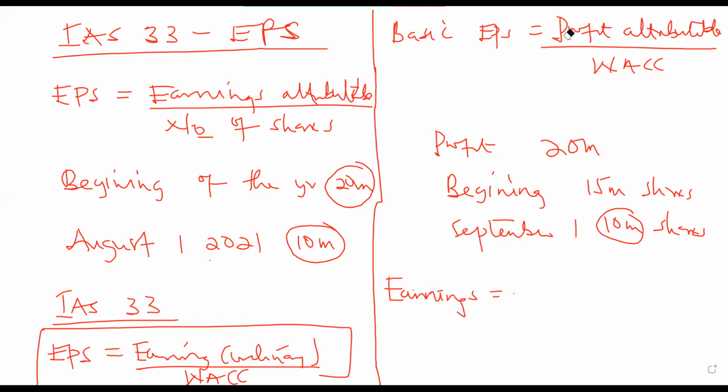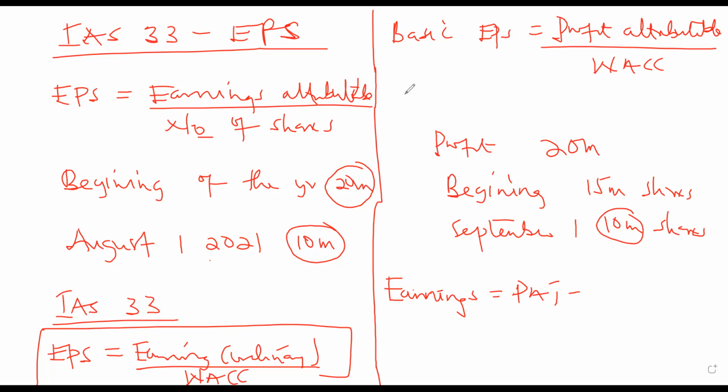The earnings will be the profit after tax minus the preference dividend. But what preference dividend do we take into consideration? Under financial instruments, IFRS 9, redeemable preference shares, their dividends are treated as what?